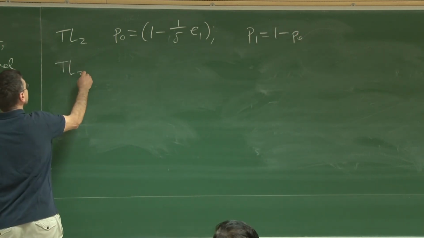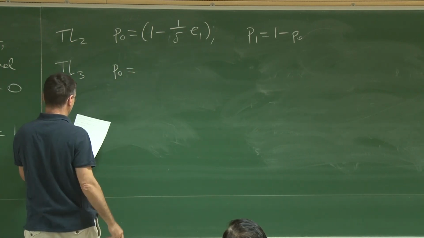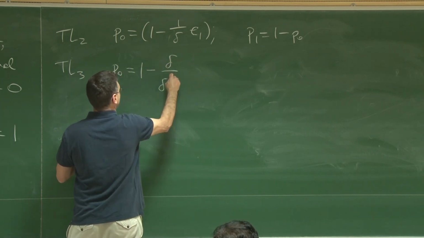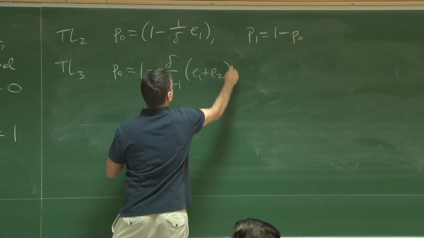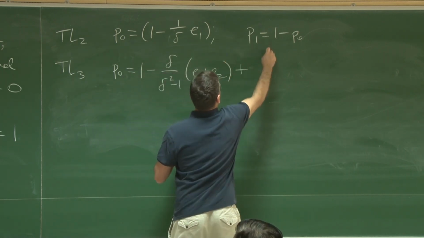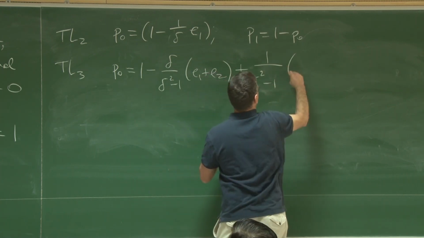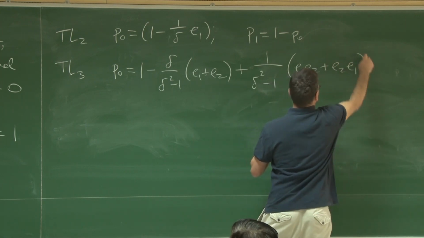In TL3, P0 looks like this: 1 minus delta over delta squared minus 1 times E1 plus E2, plus 1 over delta squared minus 1 times E1E2 plus E2E1.